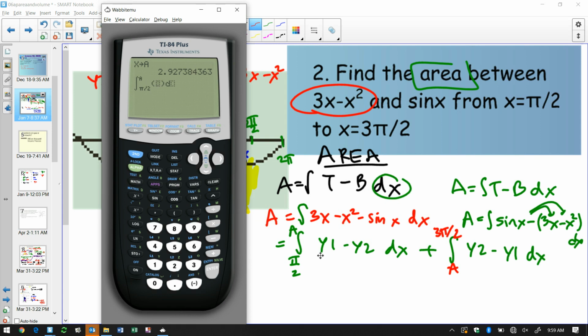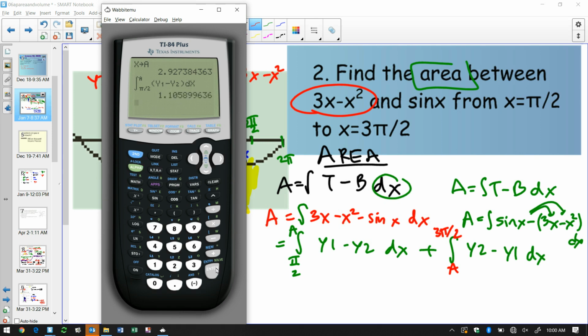Okay, the integrand, do you see it would just be y1 minus y2? I mean, you could type it all out if you want, but you could also do vars, y vars, function, the first function, minus the second function, which is vars, y vars, function, and choose y2. I want the second function now. And that'll be a dx problem.